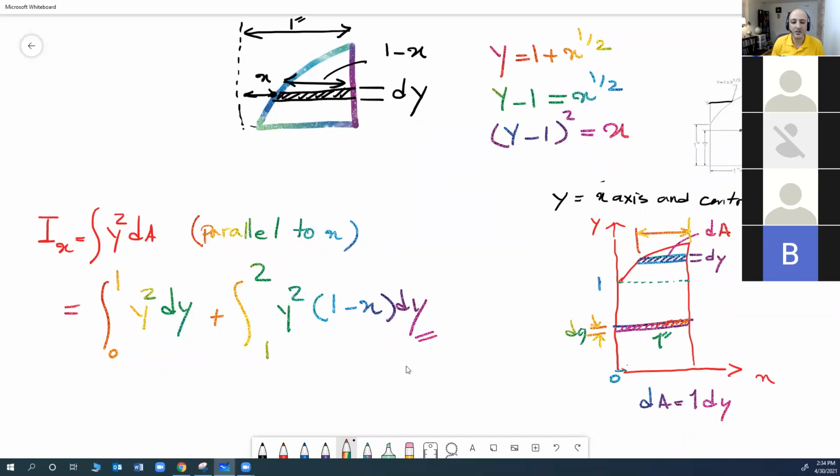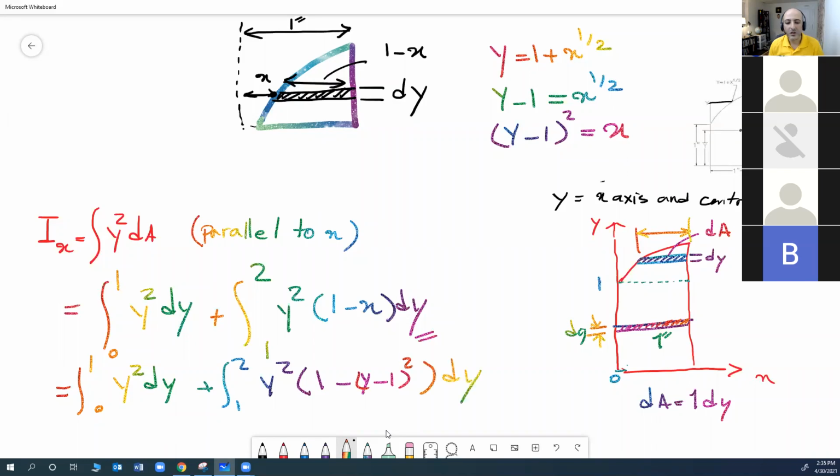So if I replace this here, then I have my integration done and ready. y squared, 1 minus x. So 1 minus y minus 1 over 2 dy. It looks a little bit scary, but once you do it, it doesn't look as scary as it should be, okay?